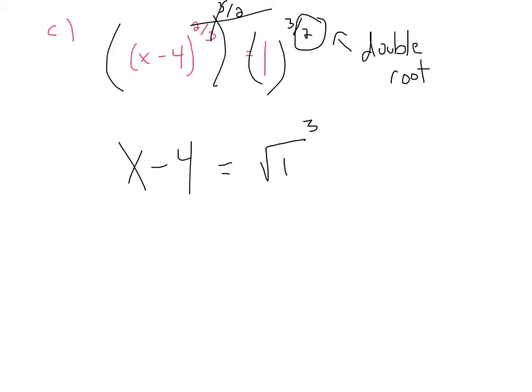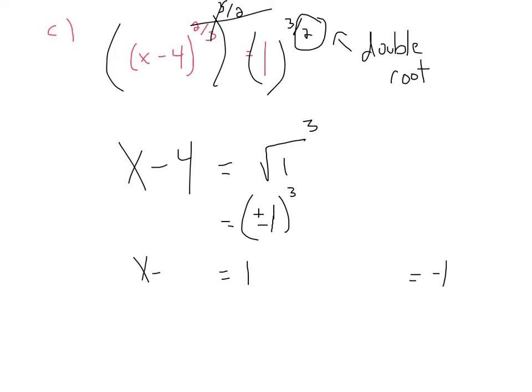Because think about it. The square root of 1, well, it could be 1, or it could be -1. That's right. So that is actually what we're cubing here. When we take the square root of 1, you could get 1 or -1. And since we're cubing those, you could get two different answers. Because 1 cubed is 1, but -1 cubed is -1.